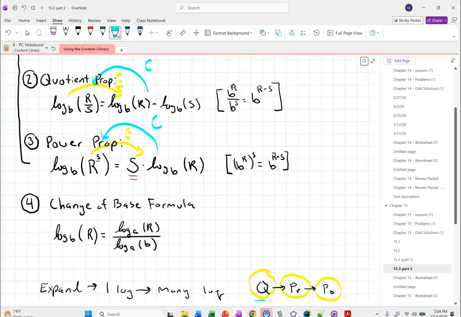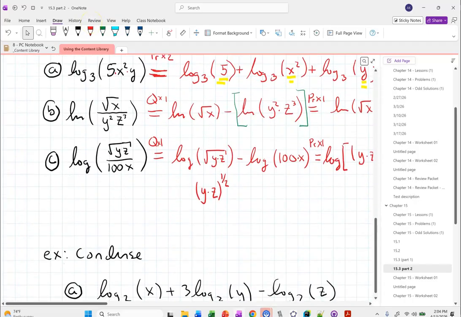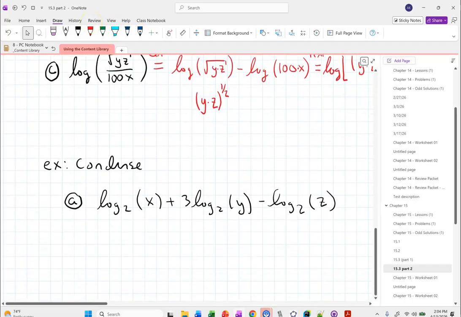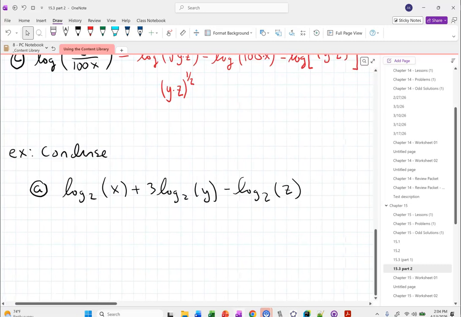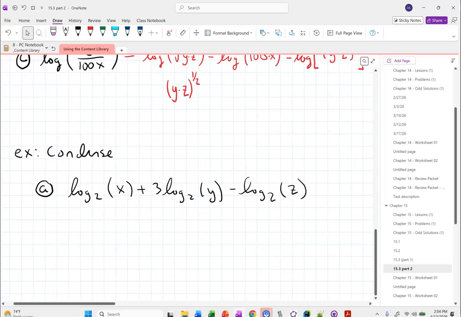Is everybody good with that first plan? All right, let's take a look. Do I see any power properties that I can do? Yes, I see one because I see a coefficient in front of my logarithm.